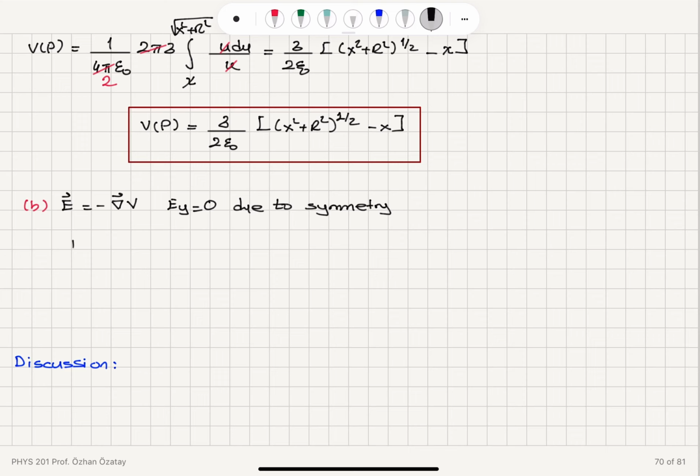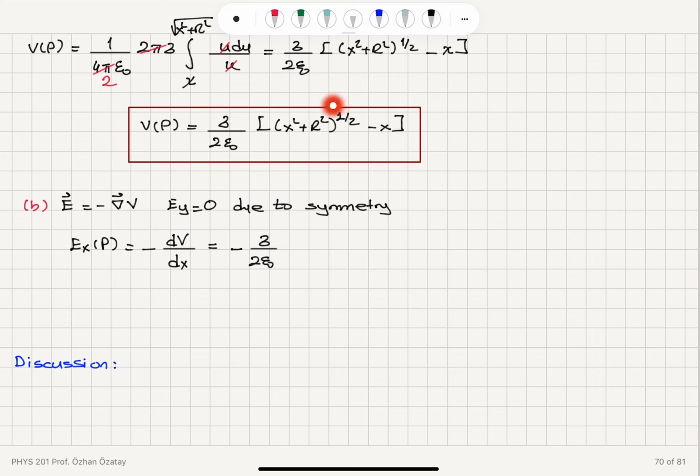What is the x component of the electric field? Using the gradient operator, that is minus the derivative of the potential, dV with respect to x. So it's minus dV/dx. Now I have to take a derivative here. So I have minus sigma over 2 epsilon 0. Now I take the derivative of inside.